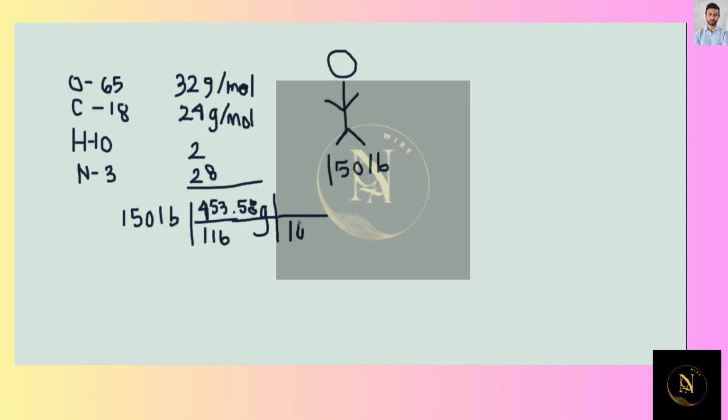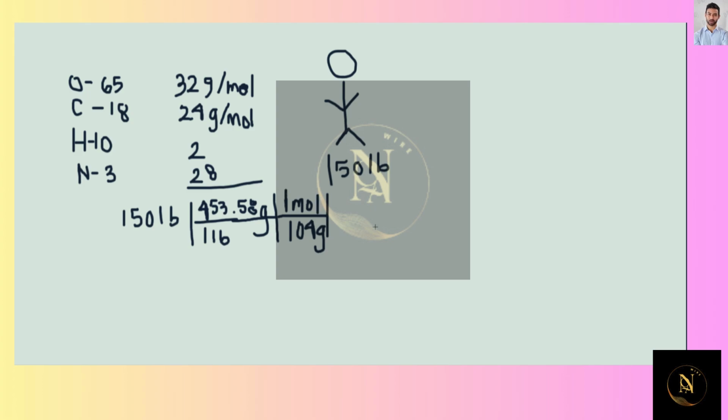I'm going to put this in our dimensional analysis graph so we can convert. So 104 grams is equal to 1 mole of all of these substances together, their molar masses together.